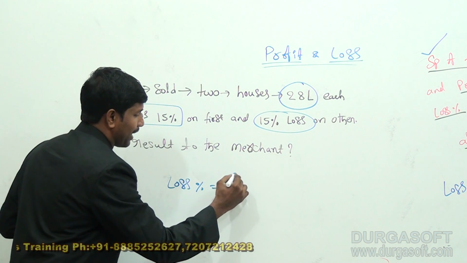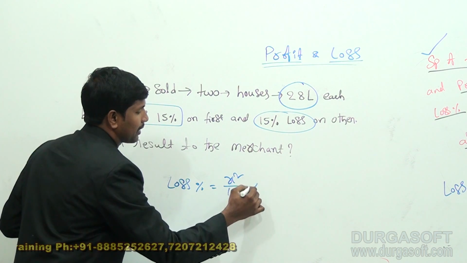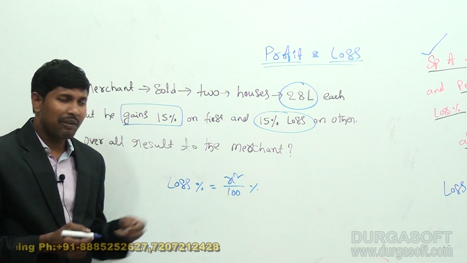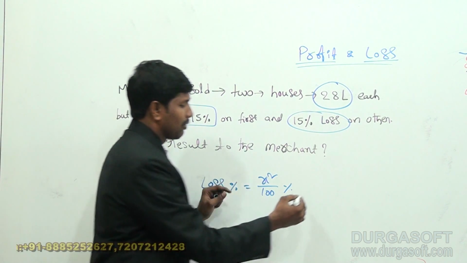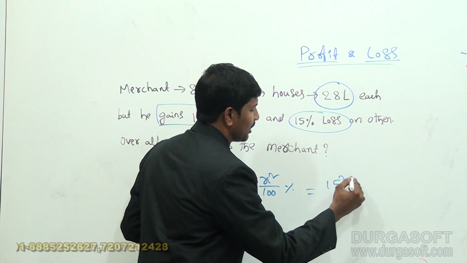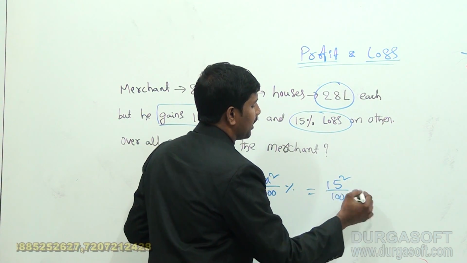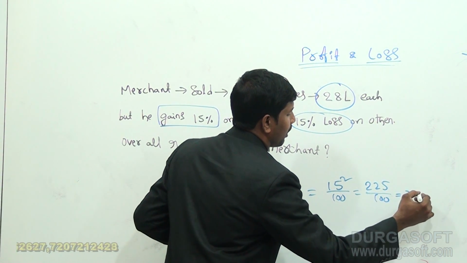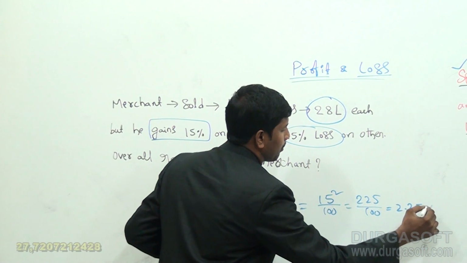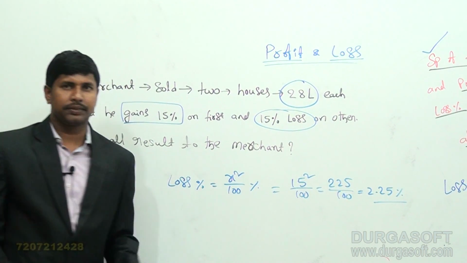We know that the loss percentage should equal x square by 100%, and the x value is nothing but the profit or loss percentage, which is the same. So the x value is 15 in this case. 15 square by 100, so 225 by 100, which gives us a 2.25% loss.